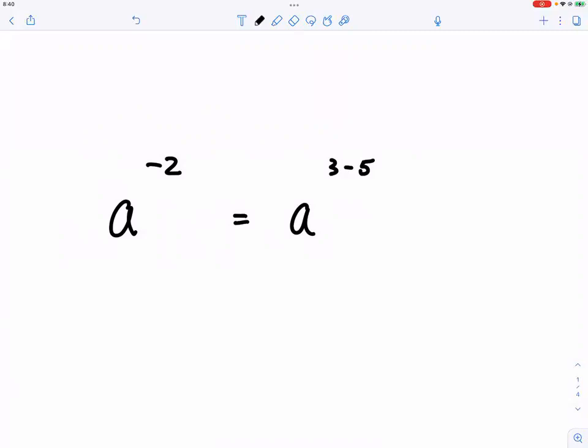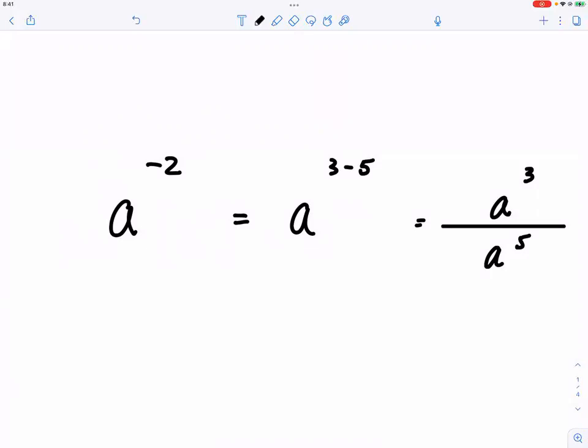What's the meaning of a to the 3 minus 5 power? That's the same thing as saying a to the 3rd power over a to the 5th power. I'm going to pause a moment to make sure that everyone is okay.